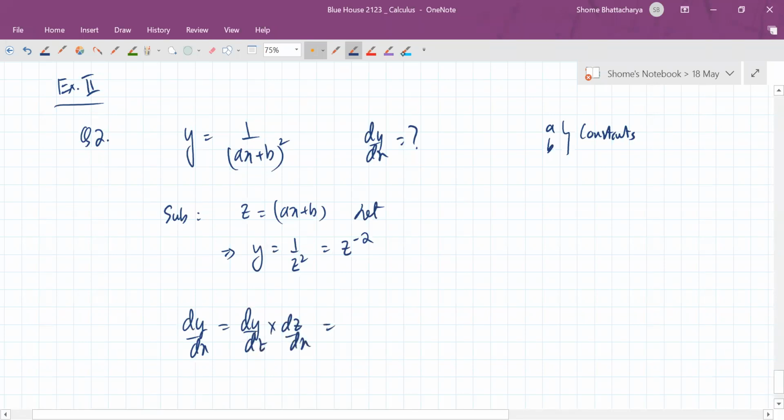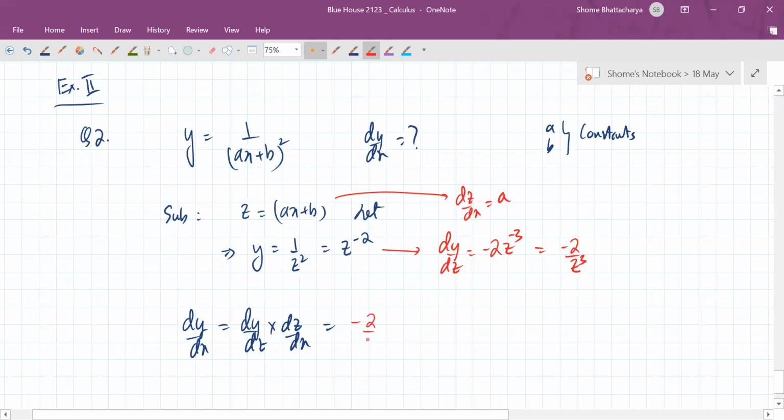Now you can see that differentiation of y with respect to z will become minus 2 into z to the power minus 3, or minus 2 by z cube, and differentiation of z with respect to x is just a.